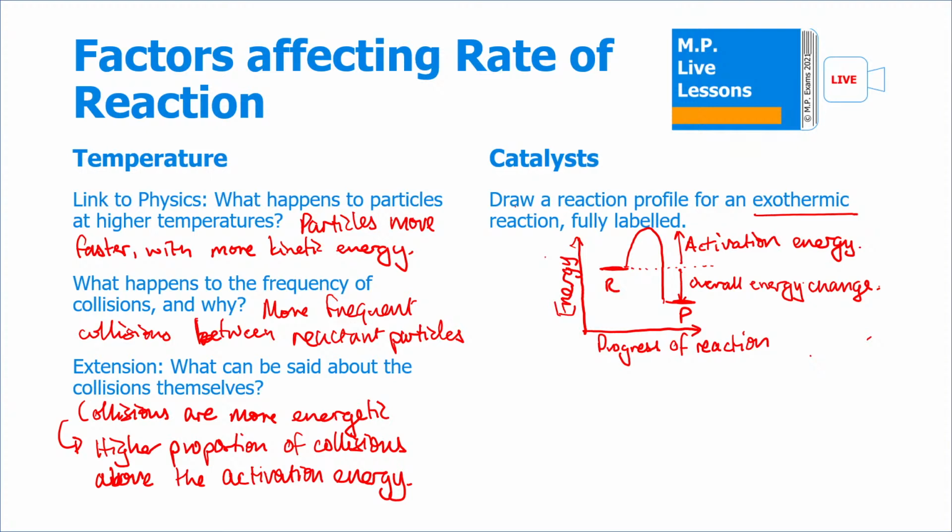Now, what a catalyst does is lower the activation energy. So if I draw a new line in green, it will lower the activation energy, so it will rise a bit less, but still have the same overall energy change.